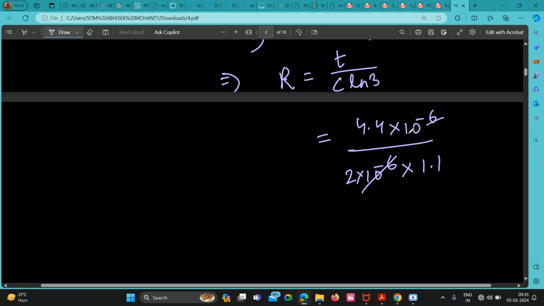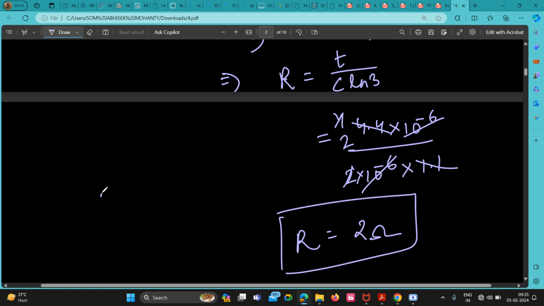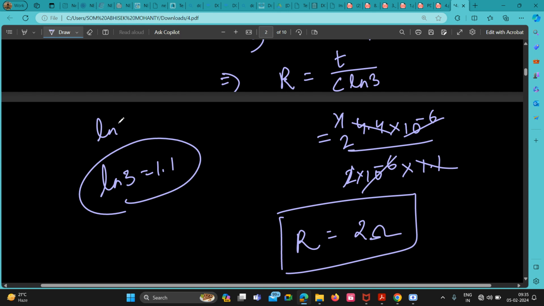So you can see this cancelled out; this is 4.4, this is 2. So resistance is 2 ohm. ln 3 is equal to 1.1, ln 2 is equal to 0.692. You know these values. How to convert ln to log? ln is 2.303 log.